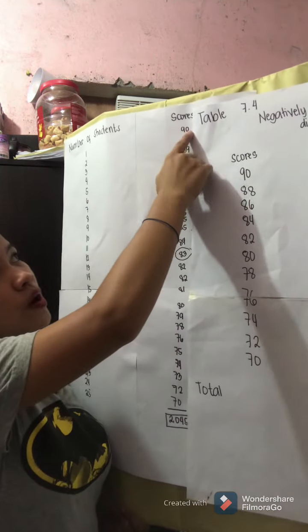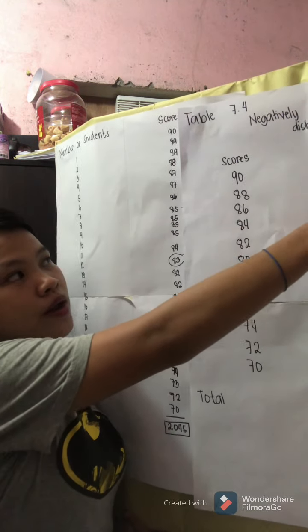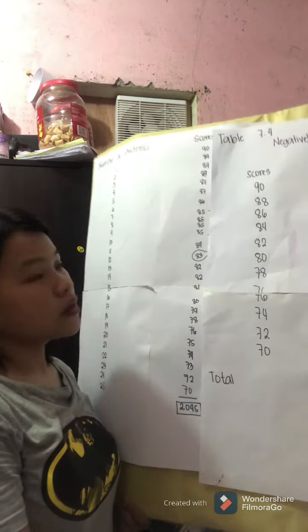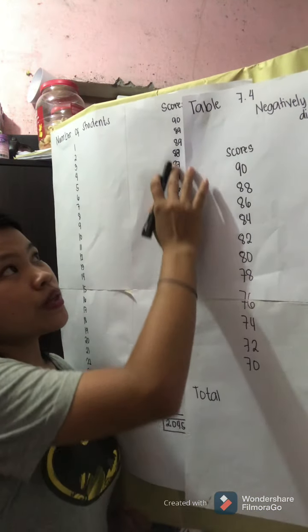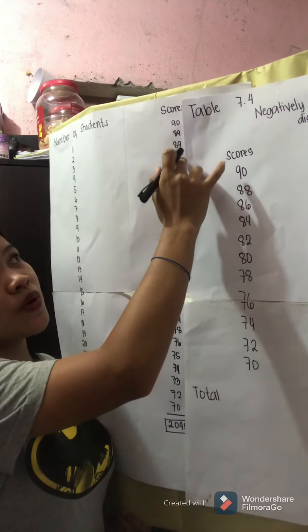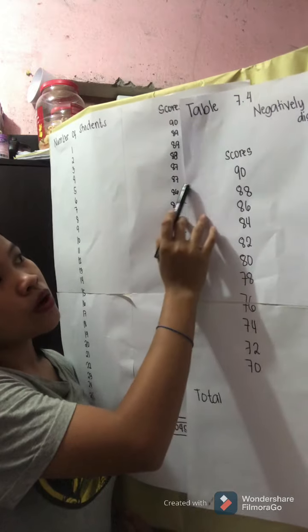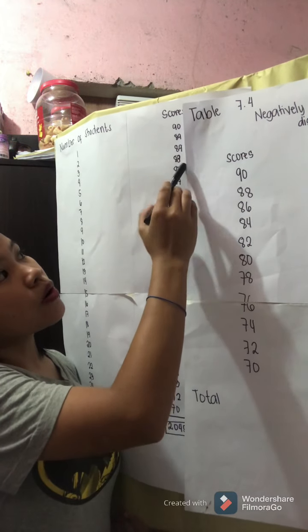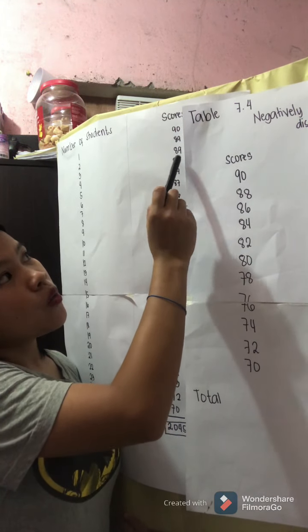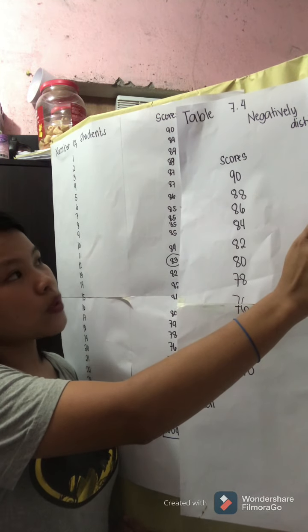We are going to look back to our data here. As you can see, we have only one student who got 90. So 1. In the scores 88 to 89, we have 1, 2, 3. So we have 3 frequency.